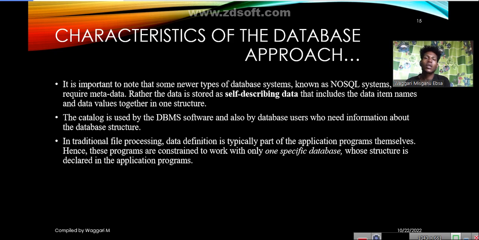Rather, data is stored as self-described data that includes the data item names and the data values together in one structure. The catalog is used by the DBMS software and also by database users who need information about the database. In traditional file processing, the data definition is typically part of the application programs themselves. Hence, these programs are constrained to work with only one specific database whose structure is declared in the application programs.